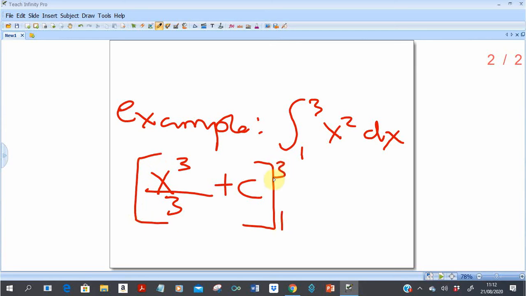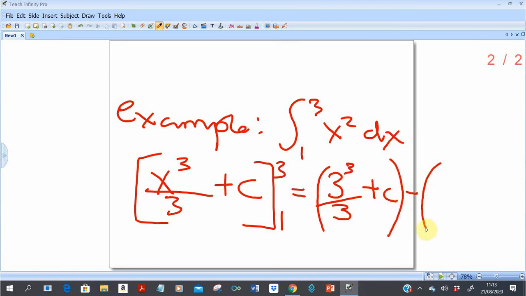So what we're going to do is replace wherever there is x. We first replace with 3, then subtract and replace with 1. So this gives us, where there is x, we replace with 3: 3 to the power 3 over 3 plus c, minus, now we replace with 1 to the power 3 over 3 plus c.